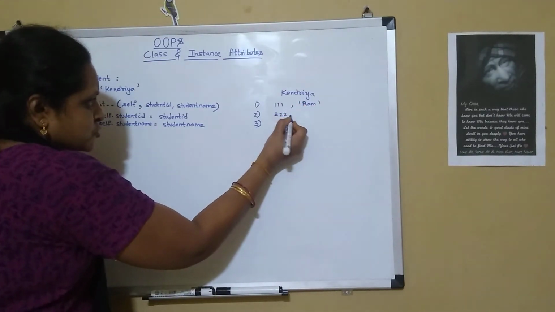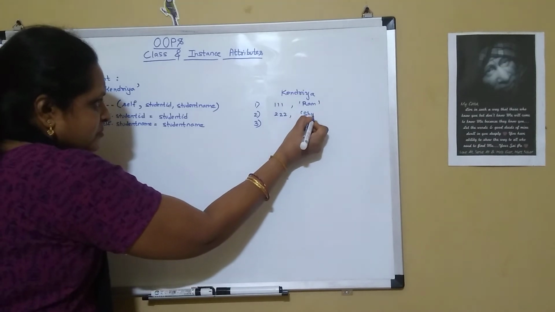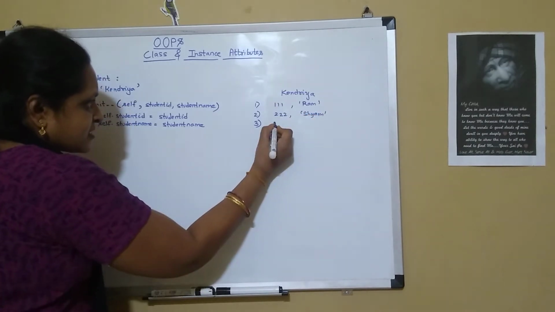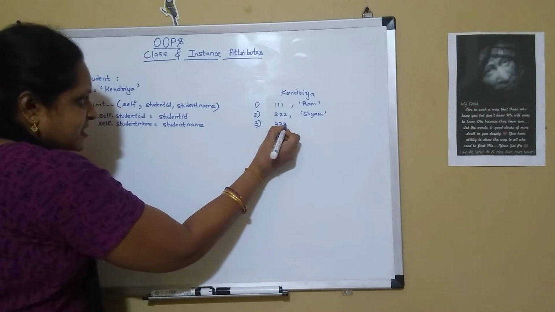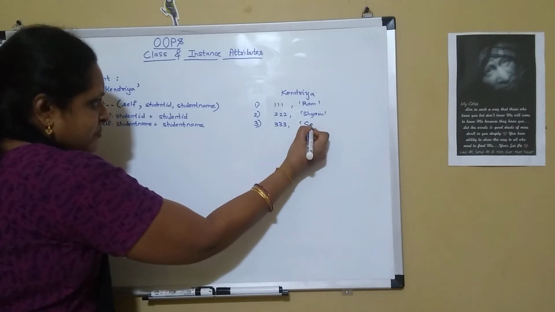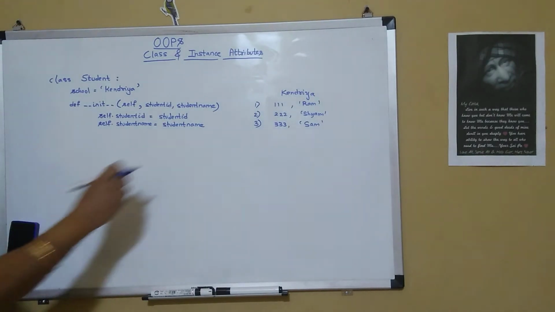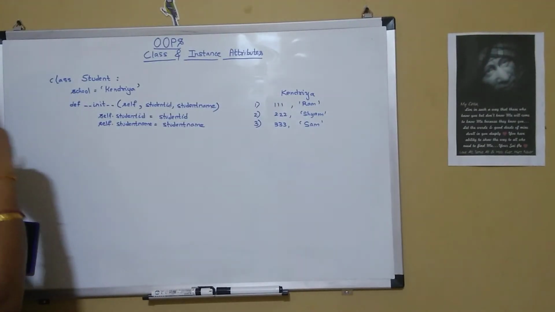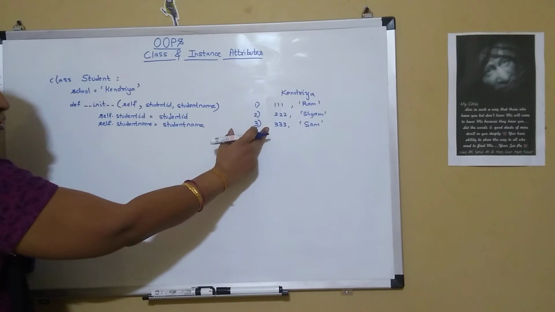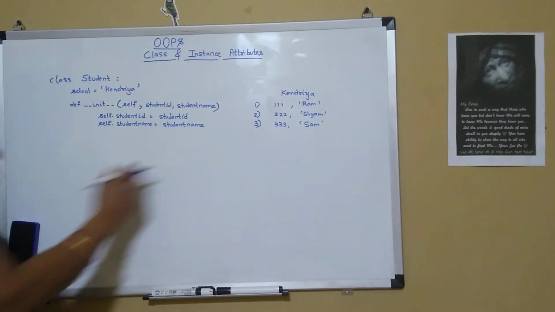Second student ID is 222, name is Shyam. And third student ID is 333 and name is Sam. So let me take three students who all belong to Kendriya school. So the school is common in all these three instances.